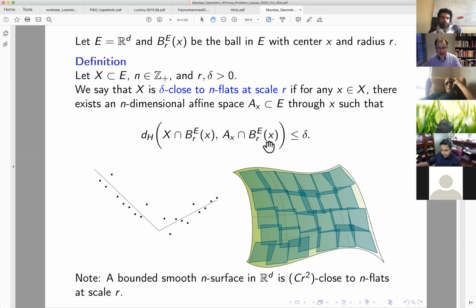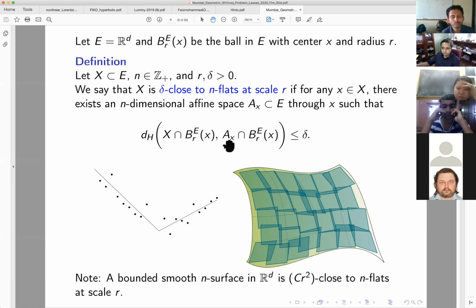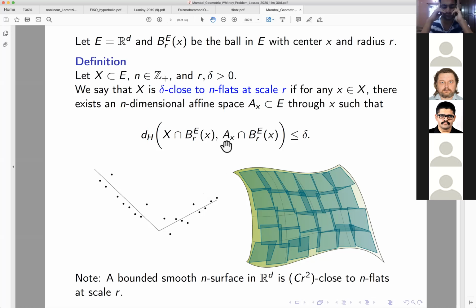So this here is just the ball of the affine space. Here we have a ball, all points in the R-ball. So we take arbitrary points, then we consider balls of radius R, and we ask, can we approximate the set in Hausdorff sense with ball disks that are intersections of affine space and balls.